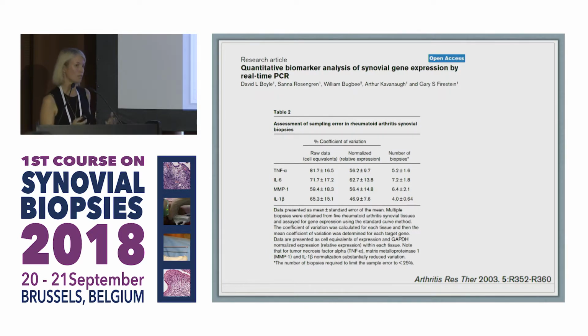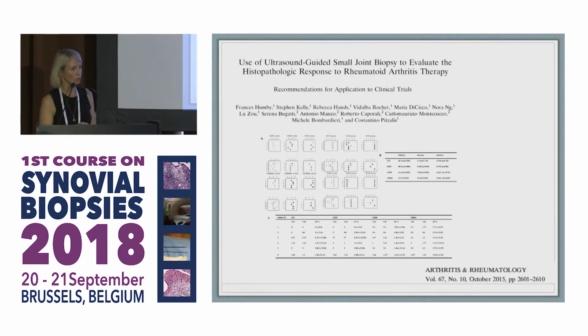So 6 synovial biopsies were required to get a representative image of the joint, and that should be a minimum standard for clinical trial protocols. But this data was taken from large joints and had not been looked at in small joints.